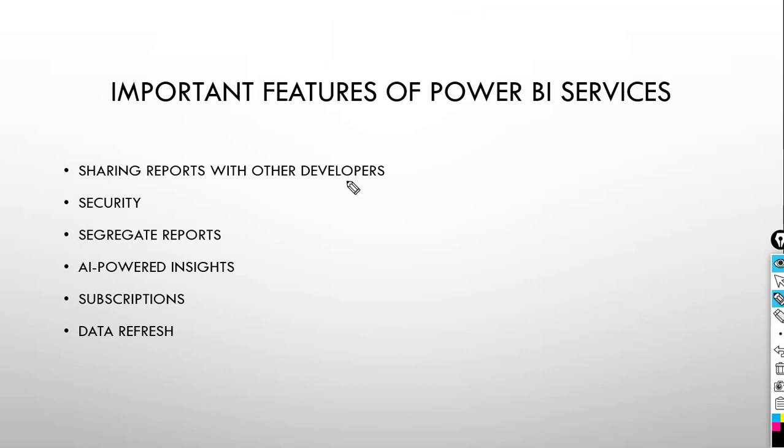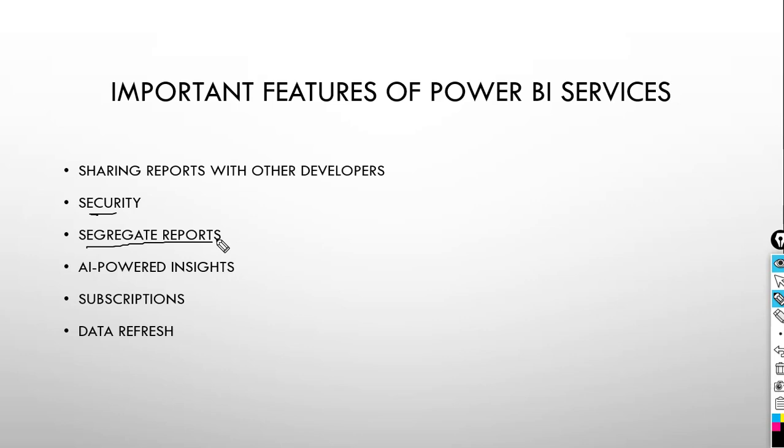Many developers can share their reports and they can work together using Power BI service. The next feature is security. You can implement security features so that you can restrict users by offering varying degrees of access and control. Then segregate reports. You can segregate your reports, like HR reports. You can keep them separate from the finance reports.